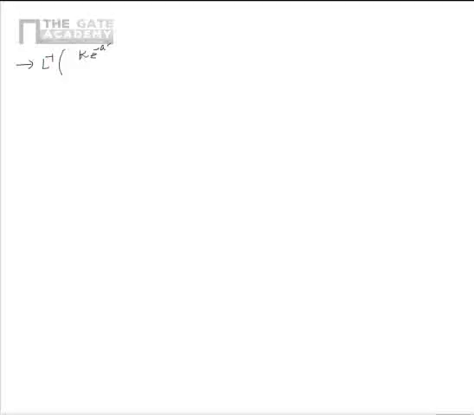Now, let us look into another problem in which we need to find the inverse Laplace transform of k into e power minus as divided by s square plus k square. We know that L inverse of k divided by s square plus k square is equal to sine of kt u of t.